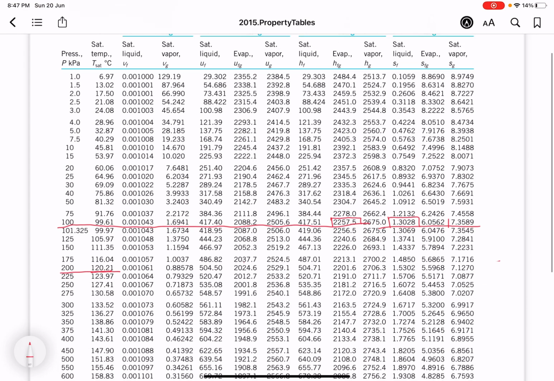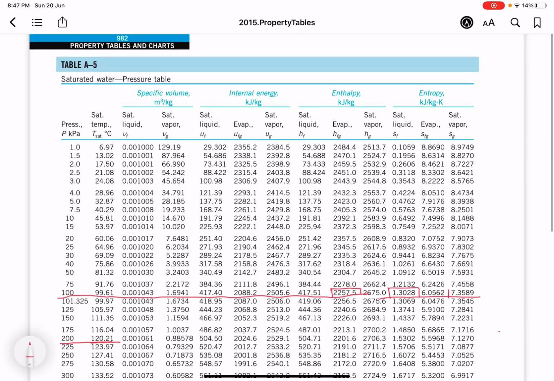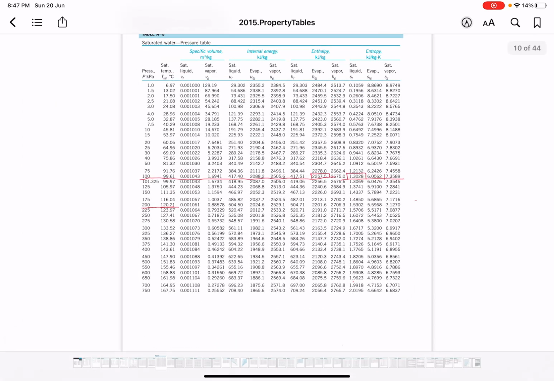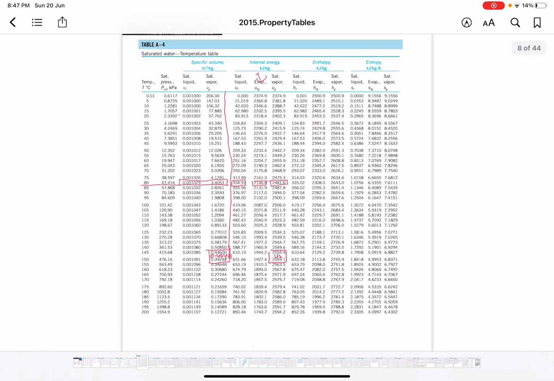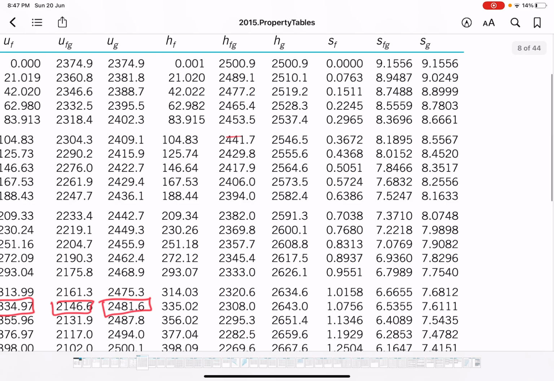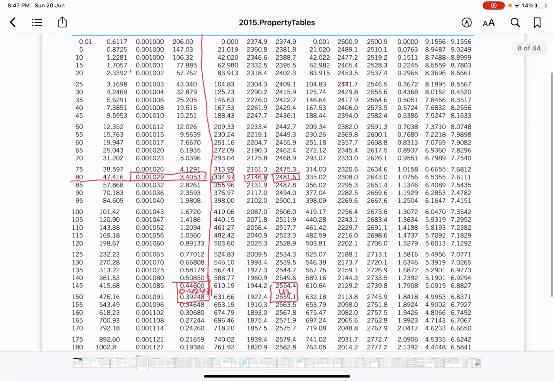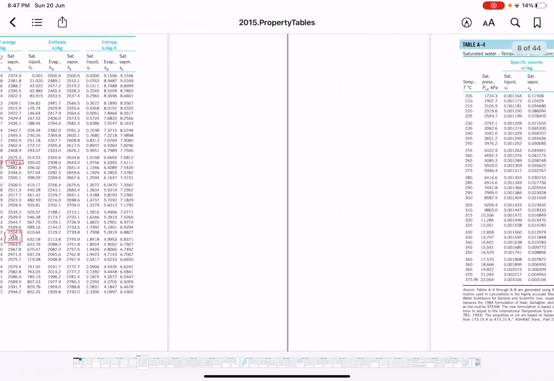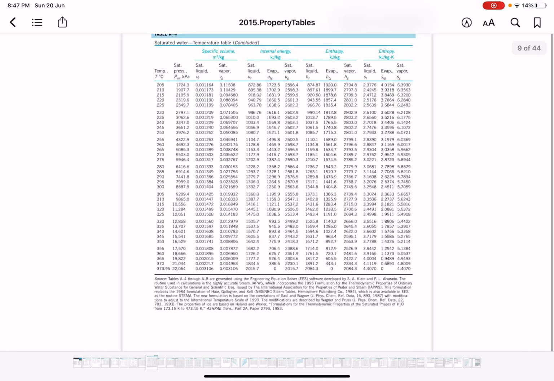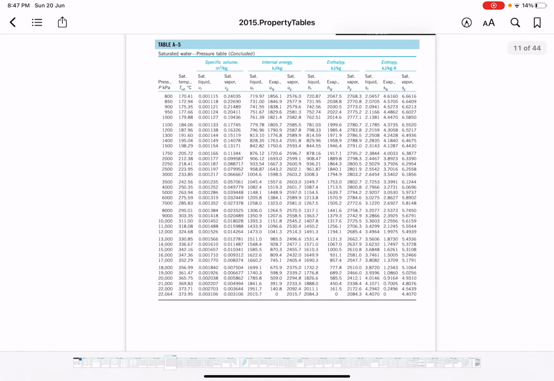You can either use the saturated water pressure table or the saturated water temperature table, it's either one. So you look at vg, and the value must be 0.4243.